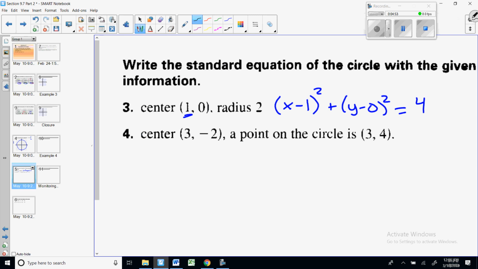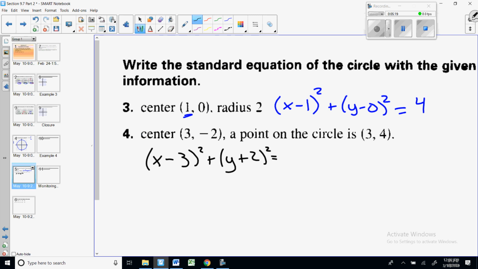Okay, on our next one, we're going to start with our center. Okay, so we're going to have x what? Okay, it should be -3, squared plus y plus 2 quantity squared, but it doesn't give us our radius. But if you look at your circle, you're going to notice that your center at -2 has a point in a circle with a y-coordinate of +4.